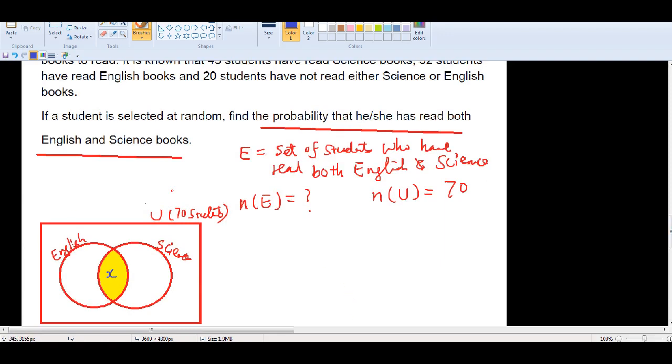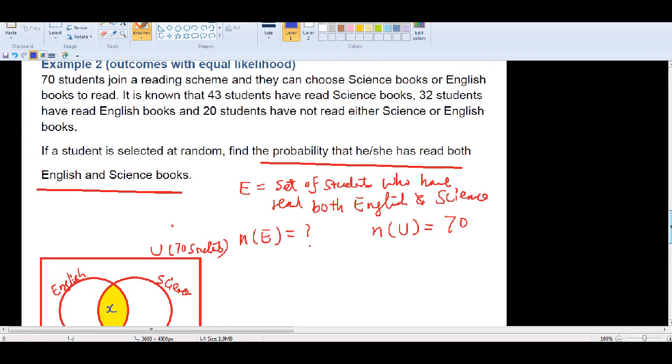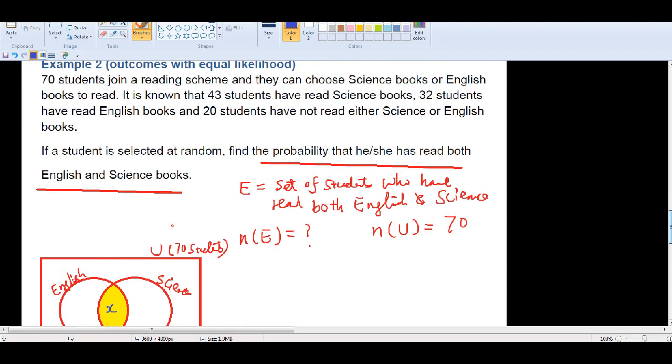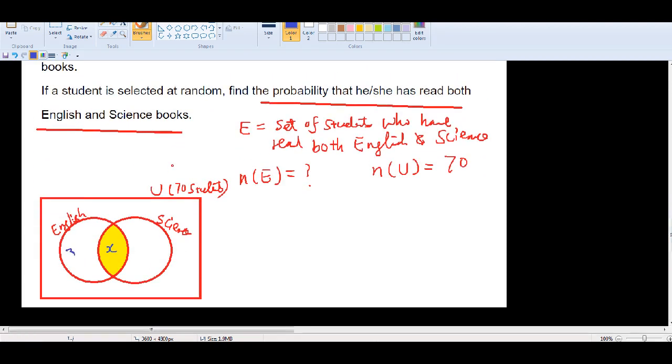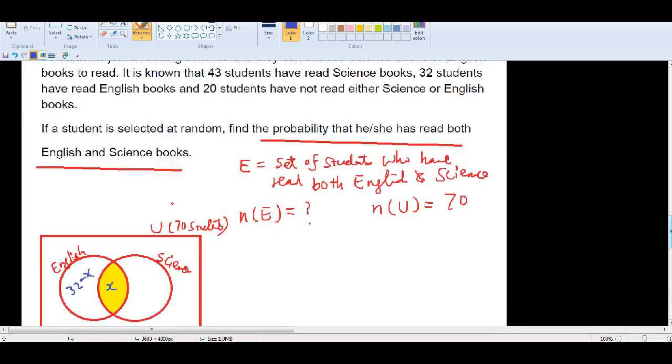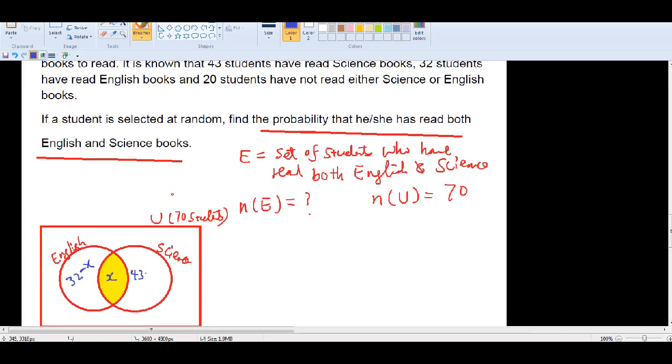So for English you've got 32 students, sorry, 32. So English you've got 32 minus X, because in total there are 32. So just English, not science, 32 minus X. And similarly, you've got 43 take away X, and there are 20 outside.